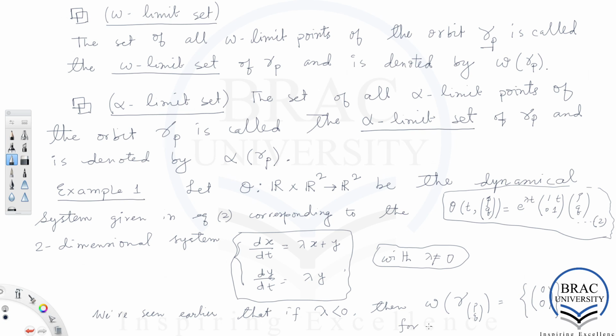For all PQ in R2, if I choose any vector from R2 and consider its orbit, then the omega limit point corresponding to that orbit has to be the 0 vector. That's what we found earlier as a motivating example before defining the various limit sets.